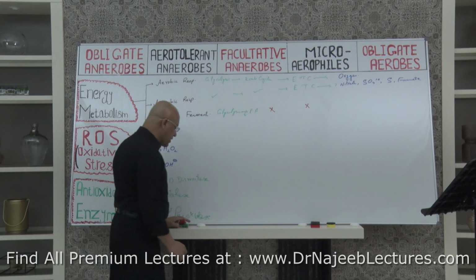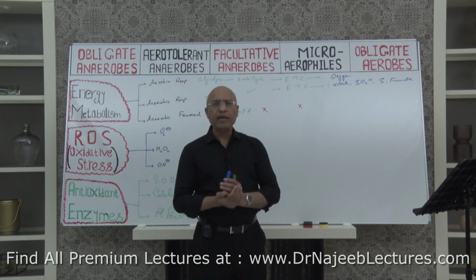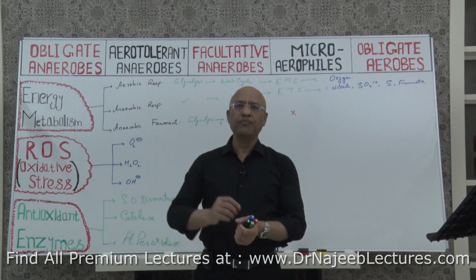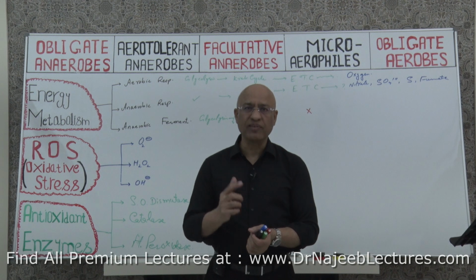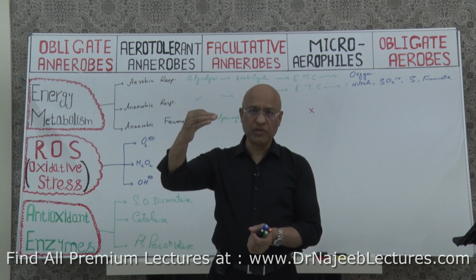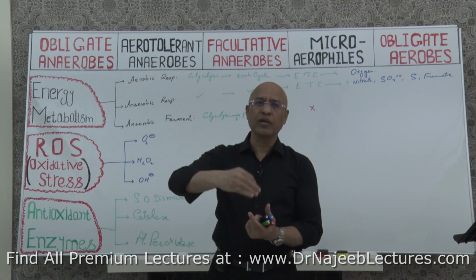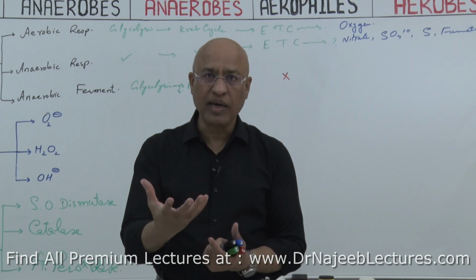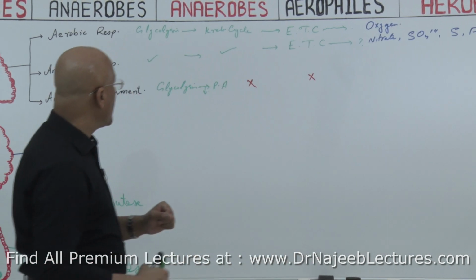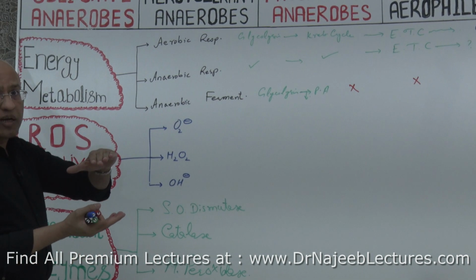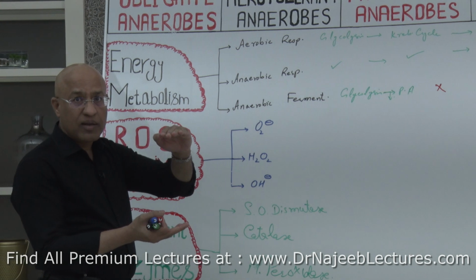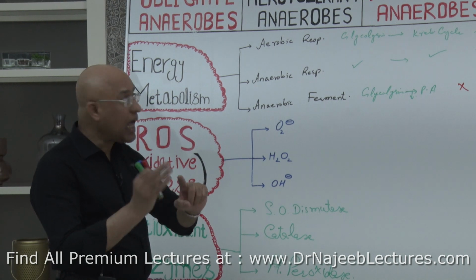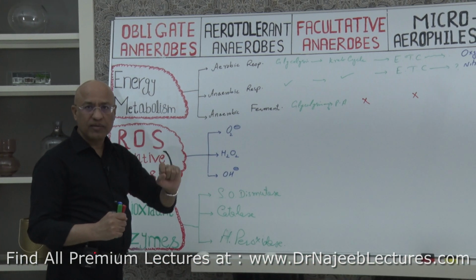Now, before I go for that, I would like to introduce how, for example, if from an abscess or from pus we take a sample, a specimen, and in the laboratory we cultivate the bacteria in a culture medium, depending upon the culture media, the pattern of growth of bacteria in that culture medium helps us to differentiate these 5 categories.